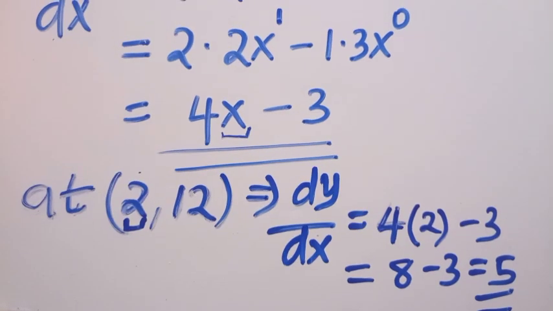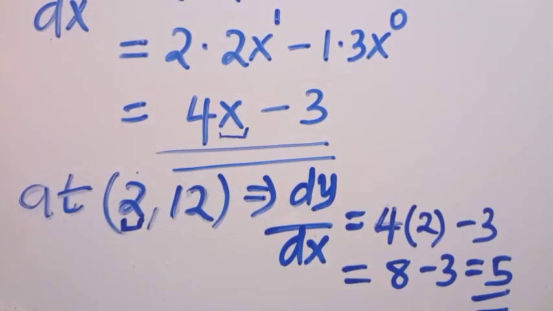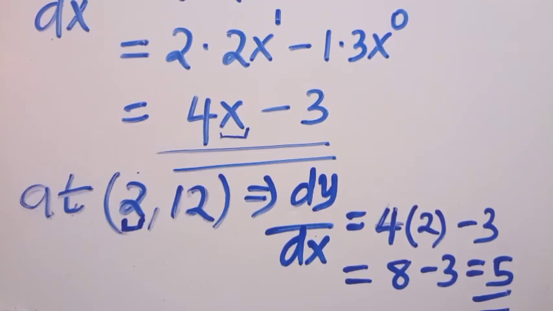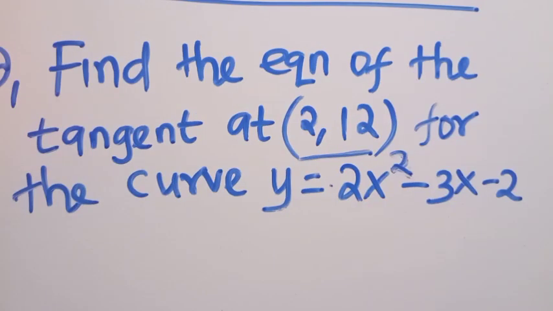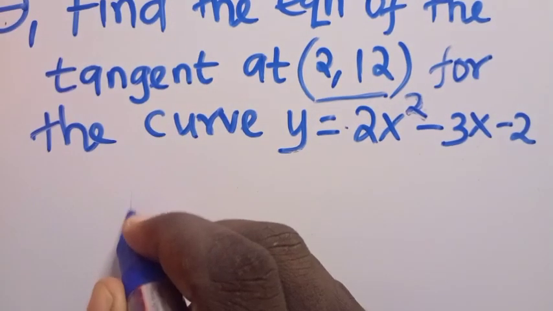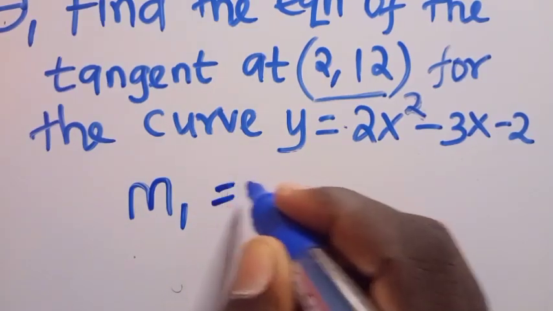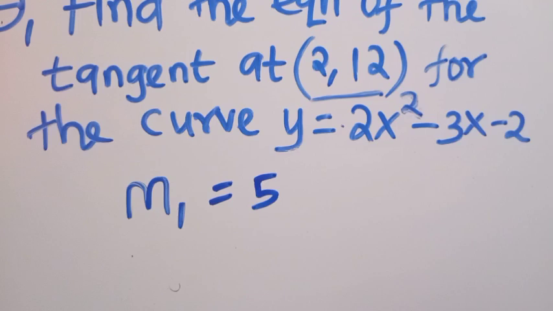I want us to take note of this: the gradient of the curve is the same as the gradient of the tangent to the curve. The gradient of the curve is 5, which is just m1.